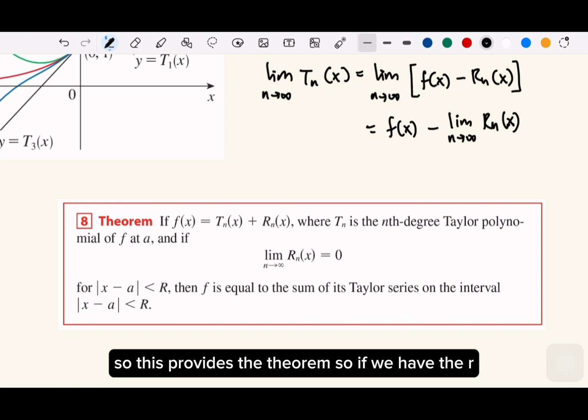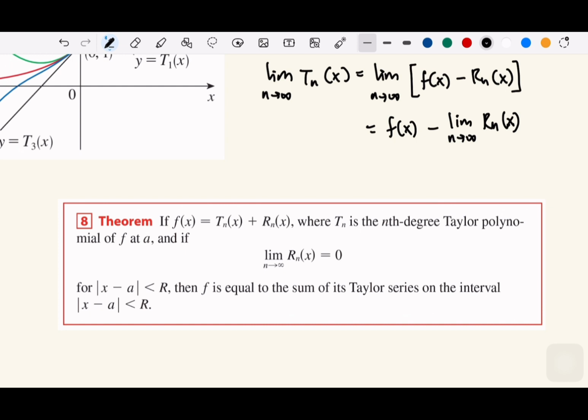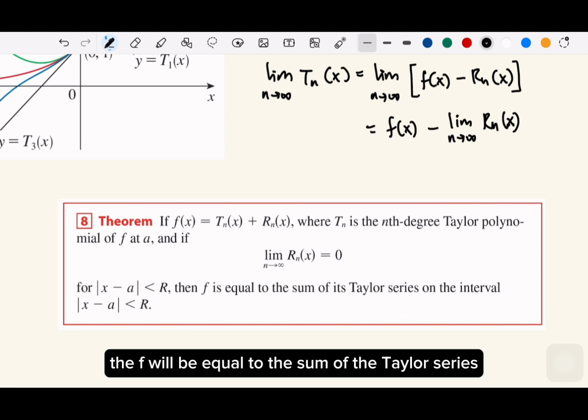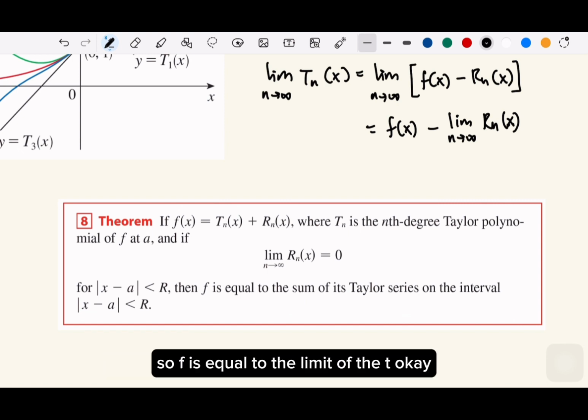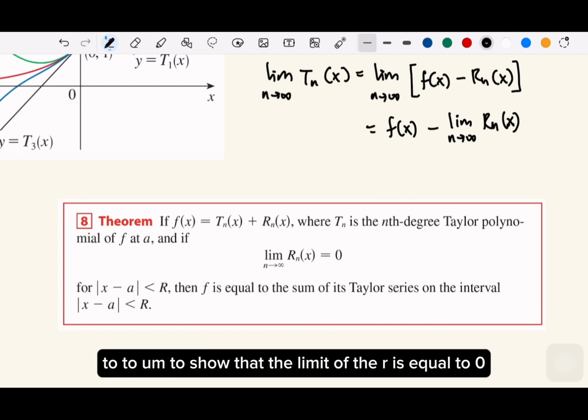So if we have R, which is the difference between f and T, and if we take the limit of R and it is equal to 0, then f will be equal to the sum of the Taylor series. So f is equal to the limit of the T. Now, how do we start to show that the limit of R is equal to 0?